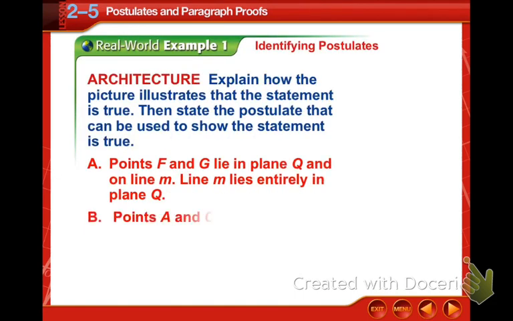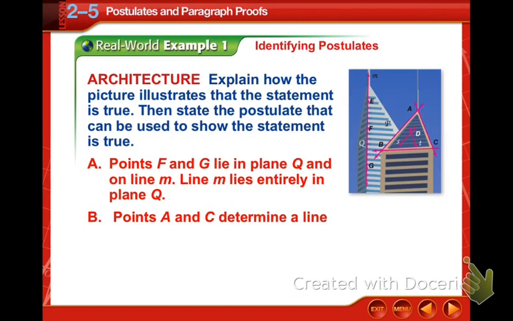Here's our first example. We have a couple of buildings. So since we know they're separate buildings, we know we're talking about some different planes. Points F and G lie in plane Q. Pardon me. And on line M. Line M lies entirely in plane Q. So if we look here, we have F and G on the line that's on the white building.